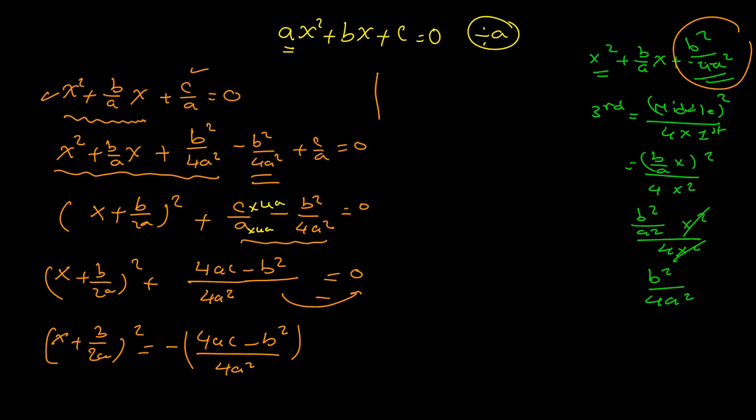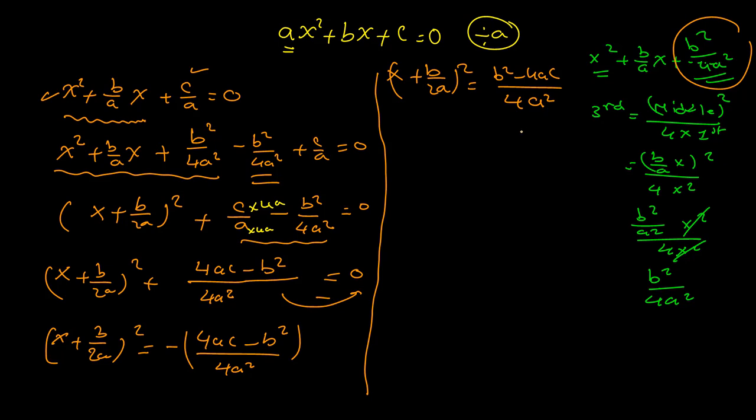So I'm going to write the left hand side first. It's going to be x plus b over 2a all to the power of 2 equals b squared minus 4ac. I switched the two terms because I have a negative outside, over the 4a to the power of 2.